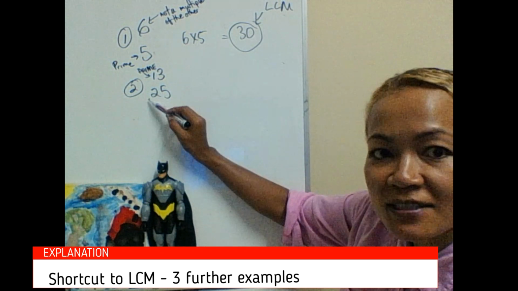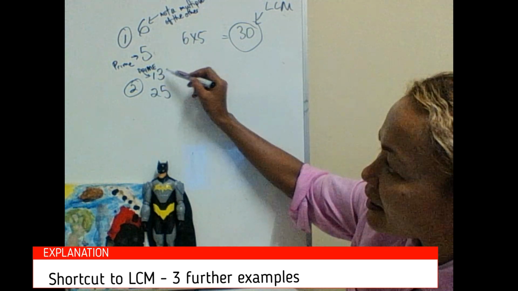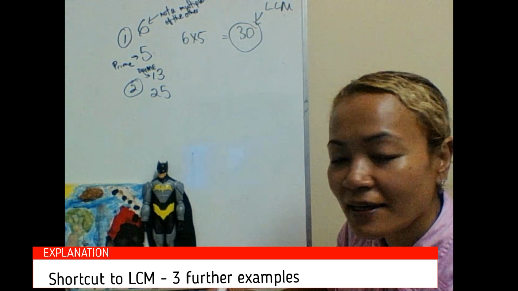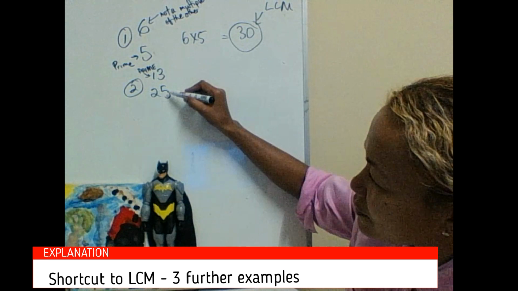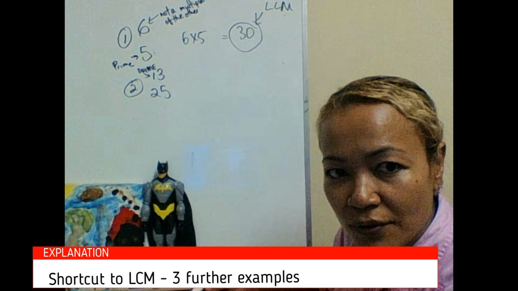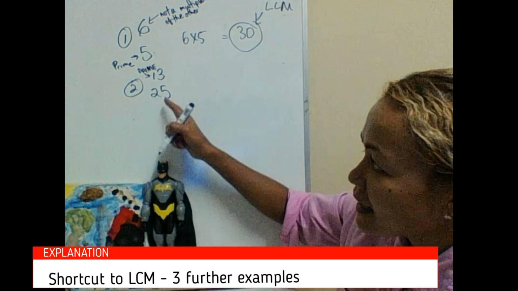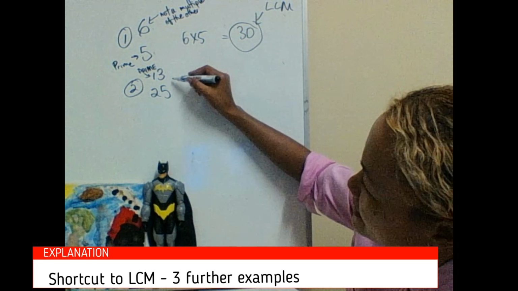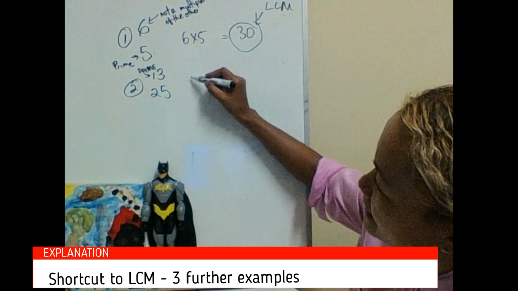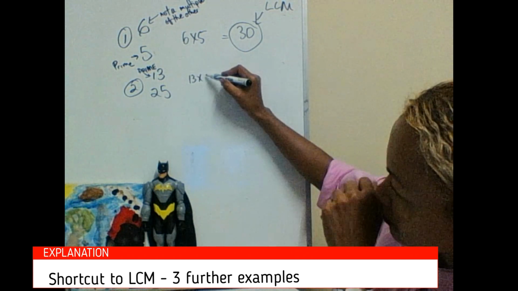And is 25 a multiple of 13? I mean, does 13 times 2 or 3 get you to 25? No, 13 times 2 is 26. So we know 25 is not a multiple. And what's the short way of doing it? 13 times 25.